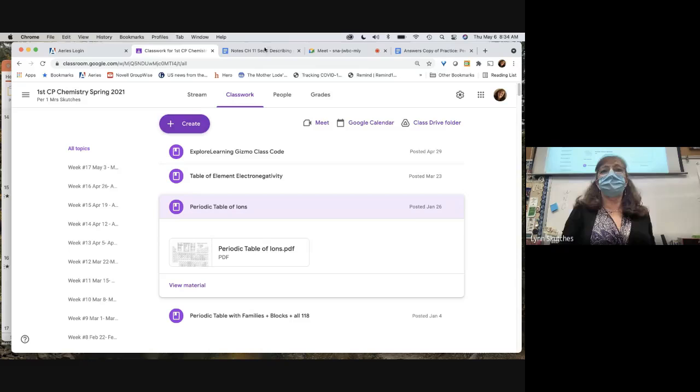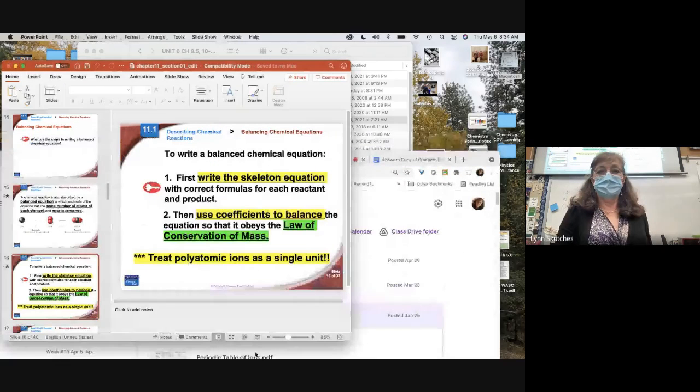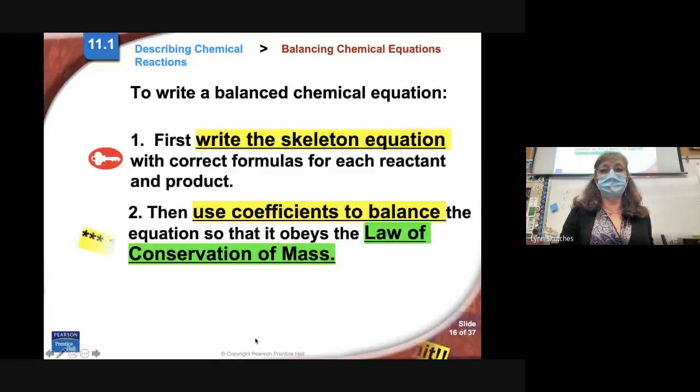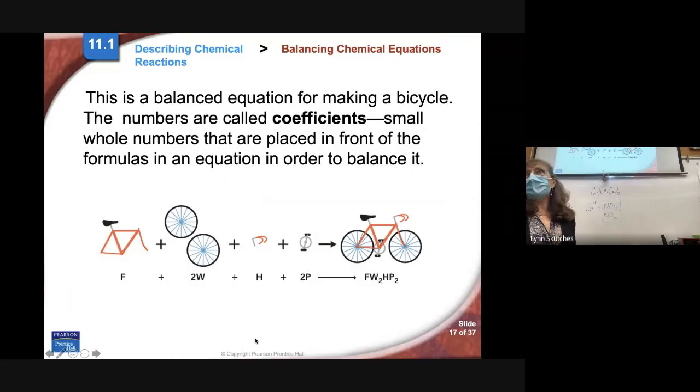All right, now I have to remember what I was doing. Treat polyatomics as a whole. The book has this goofy example of making a bicycle. You have a frame, two wheels, a handlebar, and two pedals, and you put it together.